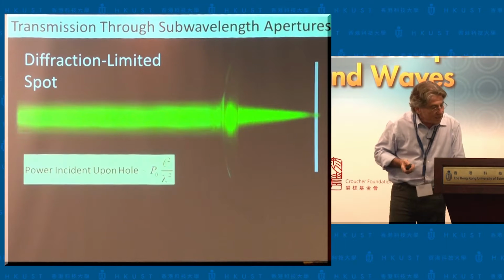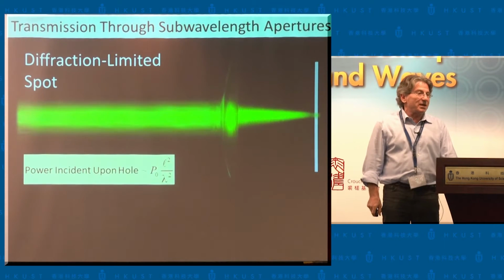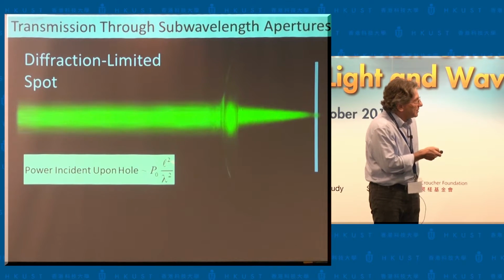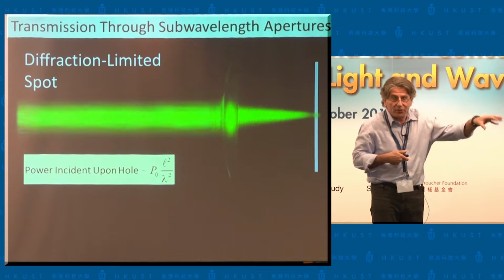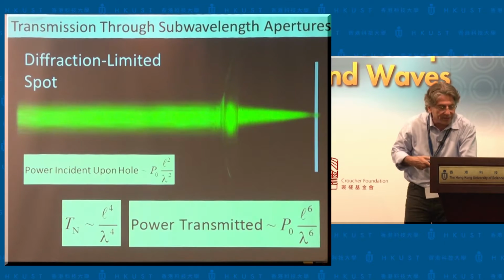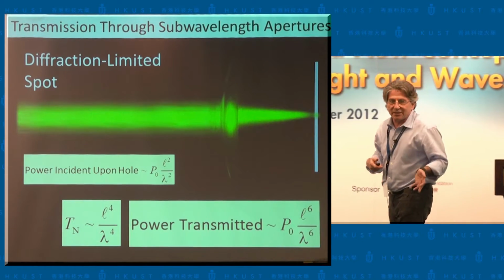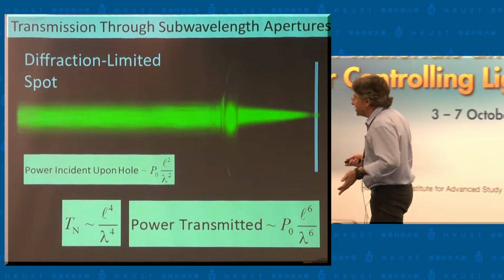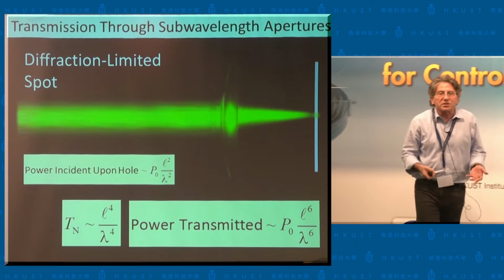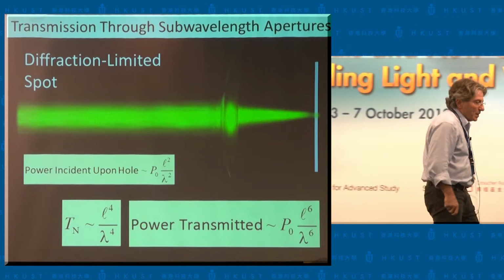So the power incident upon the hole is the incident power times L divided by lambda, squared. This is what gets through the hole. If I multiply this by the result of Bethe, you find that the power transmitted, the best you can do, is the incident power times this ratio to the 6th power, which is very, very small.